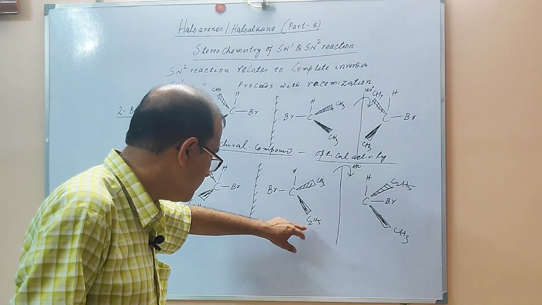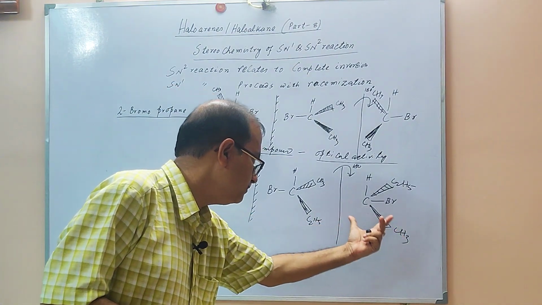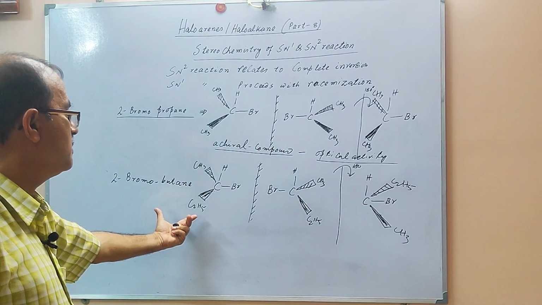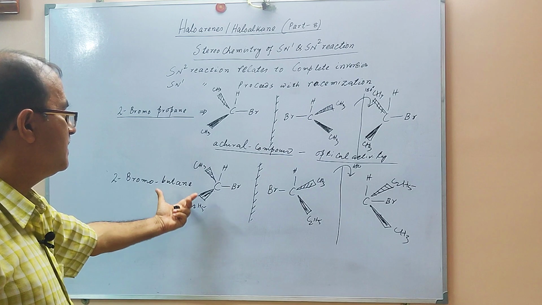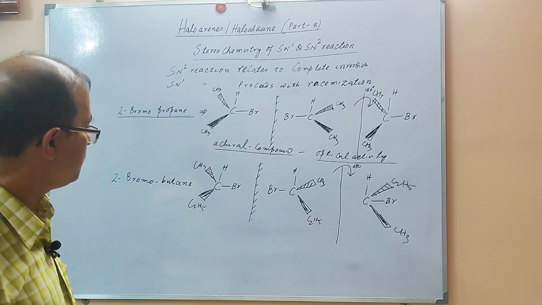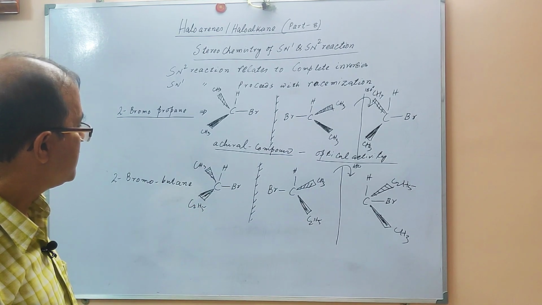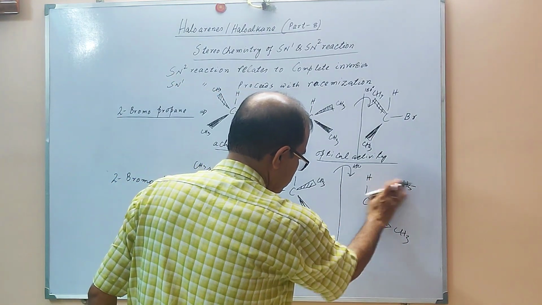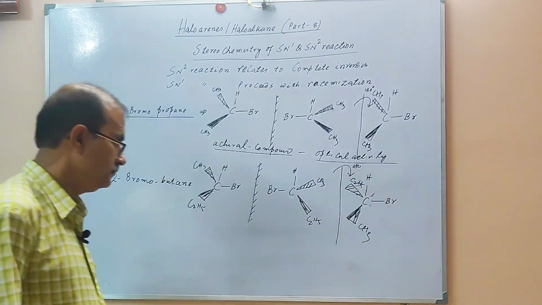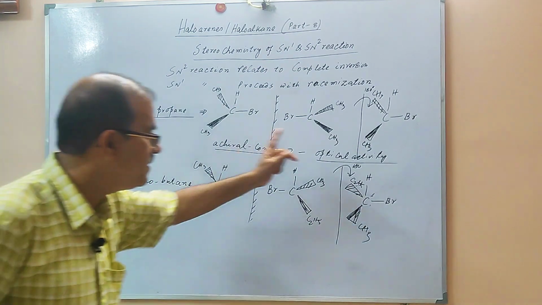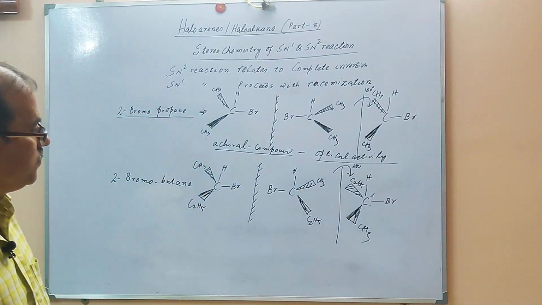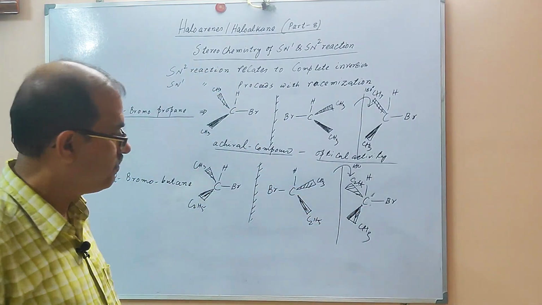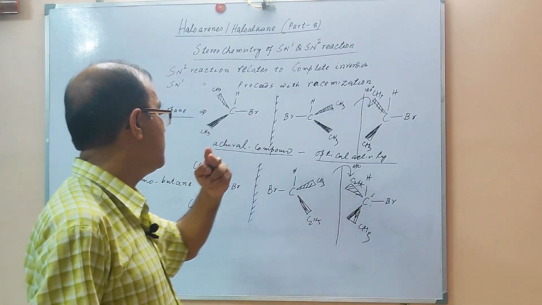What we find is that when we rotate 180 degrees, C2H5 is below the plane of the paper and CH3 above the plane of the paper.